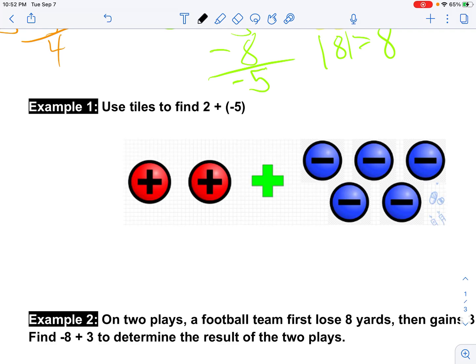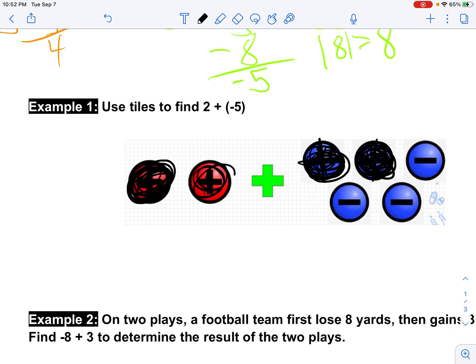This positive right here is going to cancel out this one right here. So these guys are now gone. They cancel each other out. This positive is going to cancel this blue one out. So again, they cancel each other out. These are gone. So all that I'm left with is 1, 2, 3 negatives.